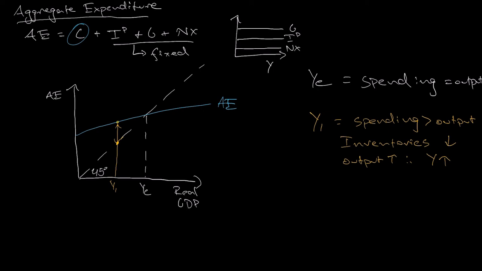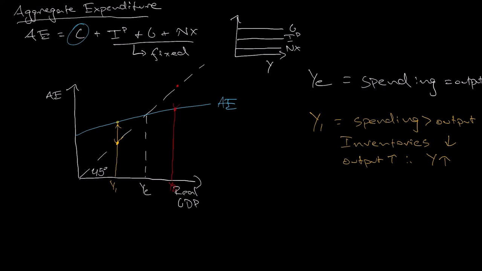The opposite will also occur when income is over the equilibrium point at, say, point Y2. Maybe we illustrate Y2 here. It gets a little bit messy in between the real GDP, but that's Y2. At this level, aggregate demand as measured by the aggregate expenditure curve is actually less than output, which is at the 45-degree line.